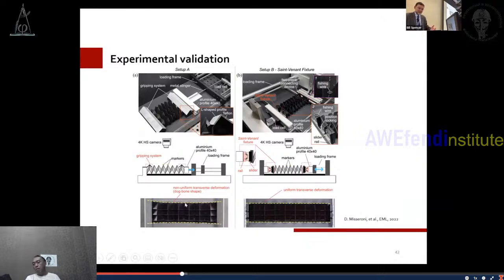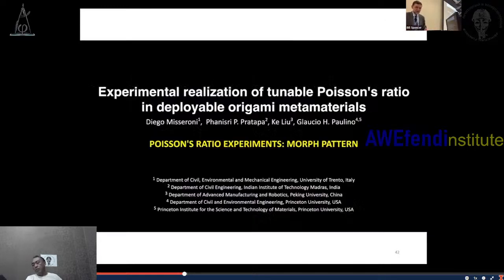When you take a look here at the general deformation, you see with the standard fixture we have this very bad behavior with the dog bone, but with the redesigned fixture, we can get a very nice region with uniform transverse deformation, and then we find a way to test the periodic system, especially using small samples.